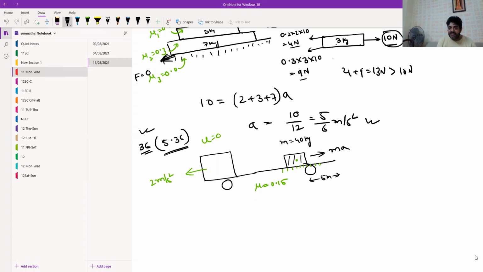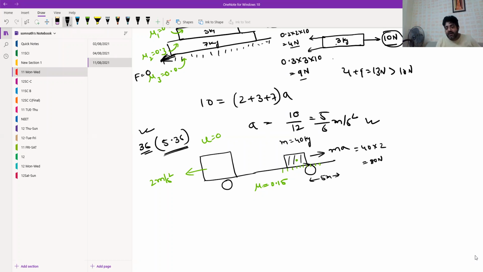So here mass into acceleration will apply due to the truck moving forward. Yes or no? So in the block you are realizing a backward force. The same thing happens in a car also. If a vehicle accelerates, we realize a force backward. Yes, sir. So my mass is 40 kg, acceleration is 2, that is 80 Newton.